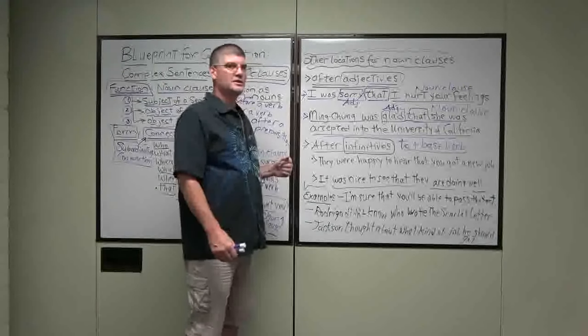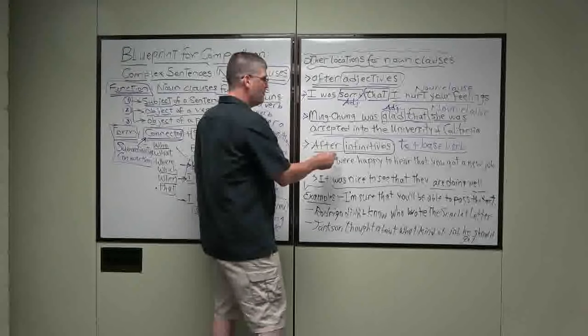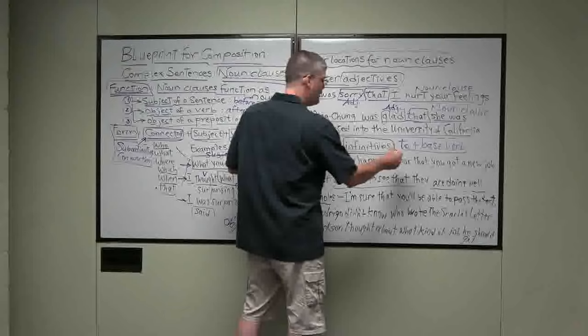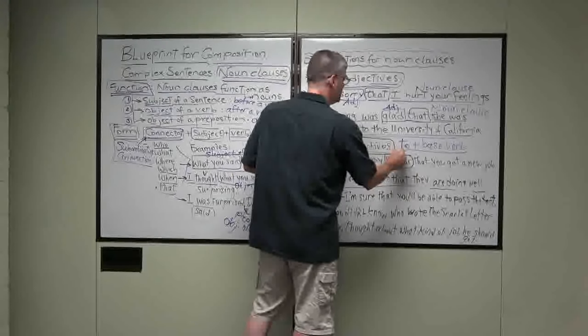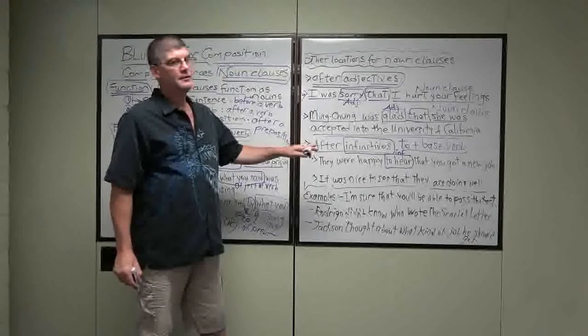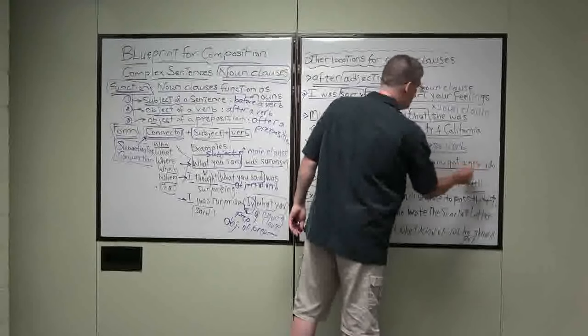I provided two examples of that here. The first example says, they were happy to hear that you got a new job. So where's our infinitive? Our infinitive is right here. And after the infinitive, we have a noun clause, that you got a new job.